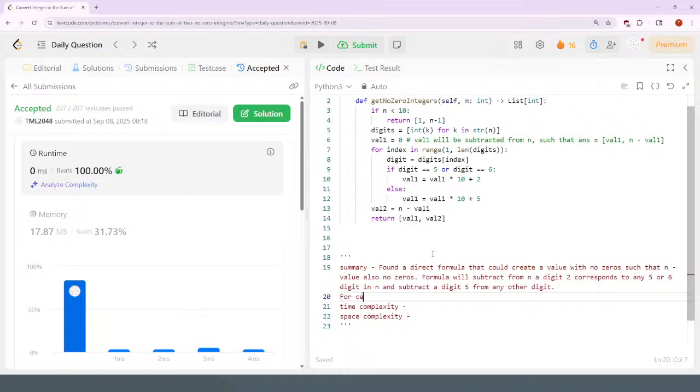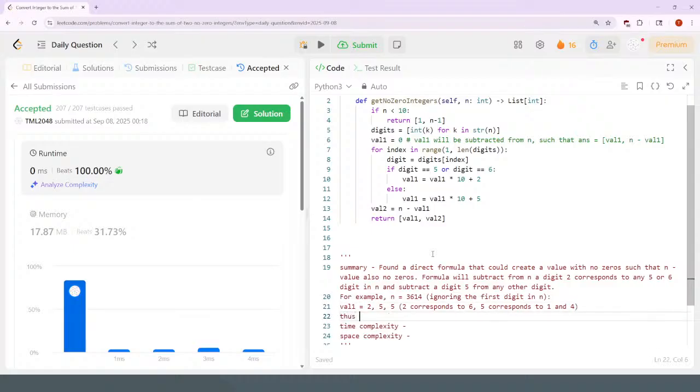So for example, let's say n is 3614. Ignoring the first digit in n, value 1 will have: 6 would subtract 2, 1 would subtract 5, 4 would subtract 5. 2 corresponds to 6, 5 corresponds to 1 and 4.